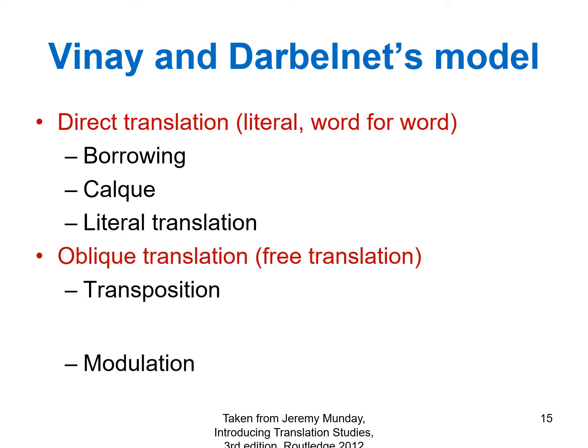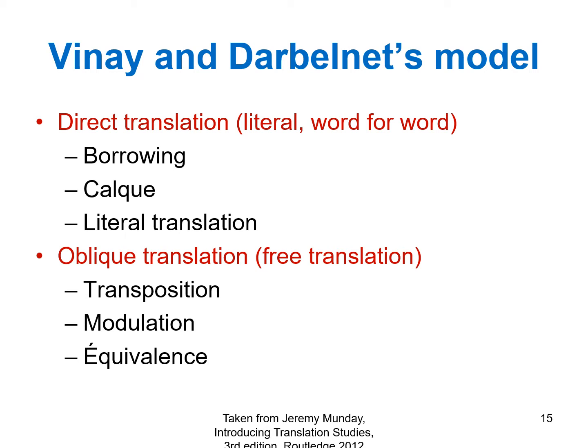One of them is transposition. Modulation would be another one. And équivalence, and following Jeremy Munday, we've kept the French to distinguish équivalence in Vinay and Darbelnet's model from the central topic of equivalence in translation. When we talk about équivalence, we're talking about a translation procedure for Vinay and Darbelnet.